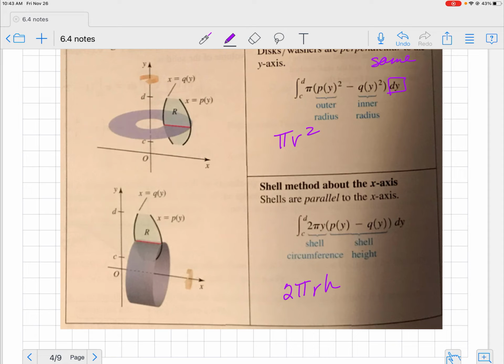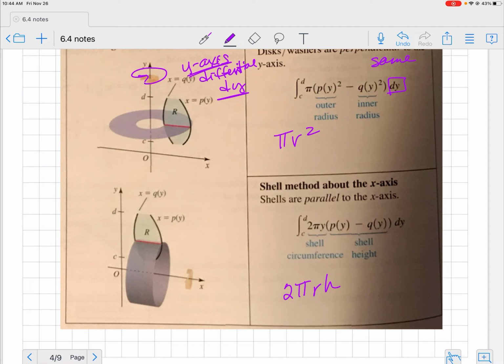And again, if I'm going around the y-axis, that means my differential is also the y. Y-axis, my differential is also going to be dy.